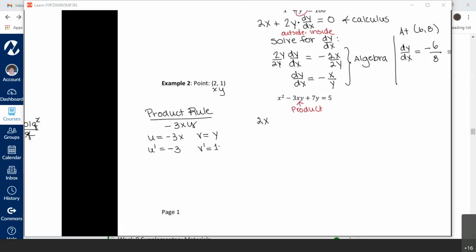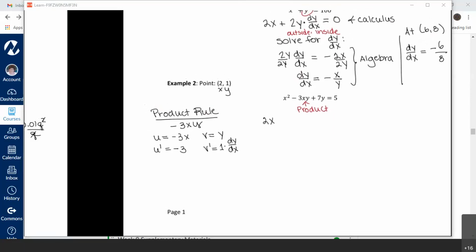Then the derivative of the inside function, the y that's a function of x, is just dy dx, because we're treating y as if it's a function of x. And then as far as the product rule, we've got u times v prime plus u prime times v.